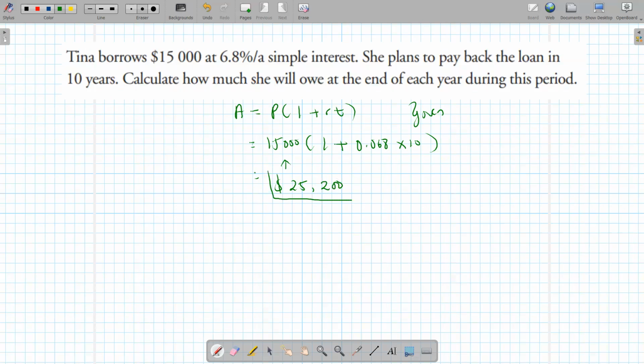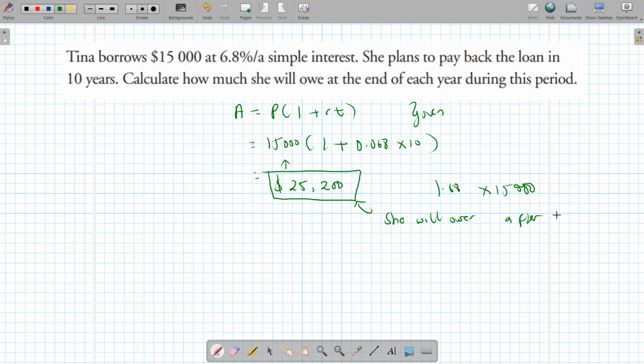You just multiply 1.68 by 15,000. What does this represent? This is the amount she will owe. She will owe this amount after 10 years.